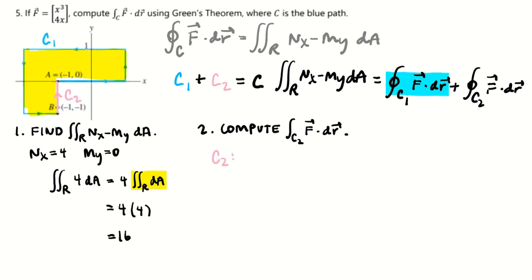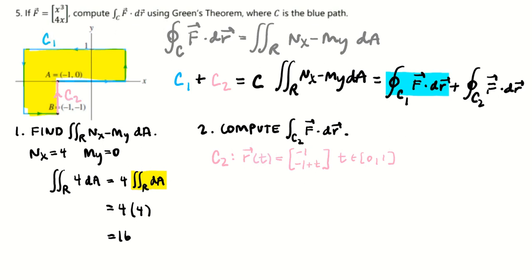X is always equal to -1, and y starts at -1 and goes up to 0, so I'd say -1 plus t, and then we would let t run from 0 to 1. Because when t equals 0, r would be at (-1, -1), and when t equals 1, it would be at (-1, 0). Okay, so that's good.